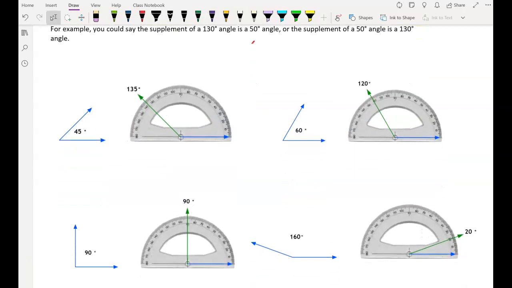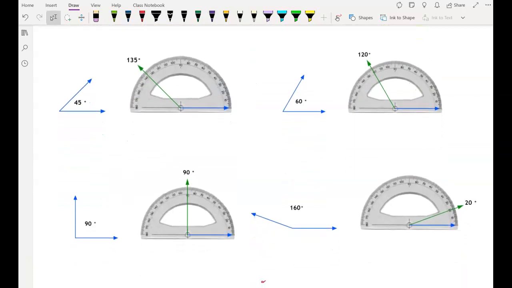Now, if we study a few more angles here, we can see that these angles should be supplementary. This one is 45 degrees. When you add it to 135 degrees, you would get 180 degrees. If I were to take this angle here, the 45 degree angle, and put it right there, that would form right there, and we'd have a straight angle or a line, 180 degrees.